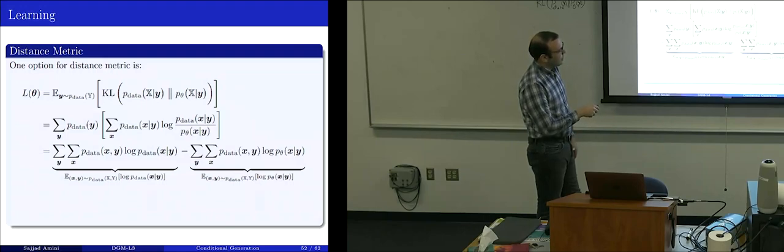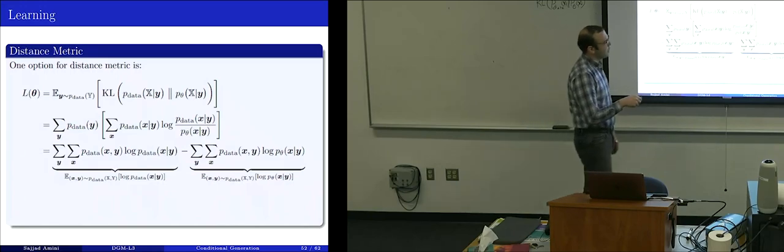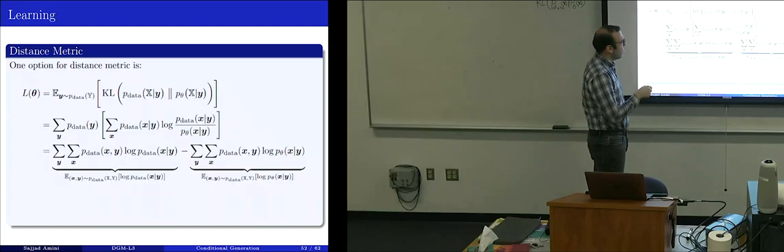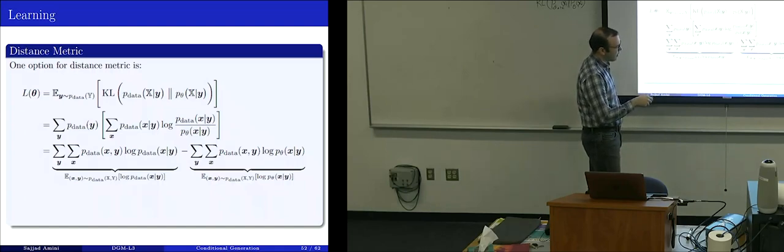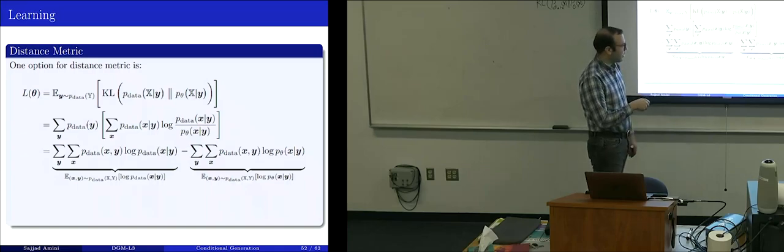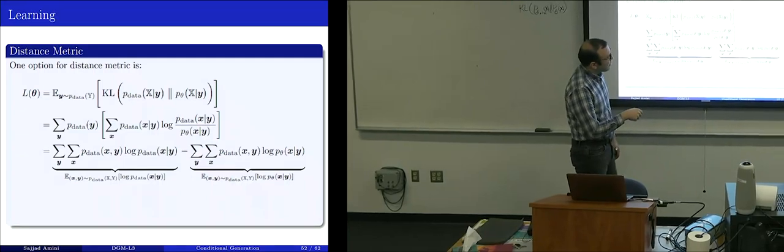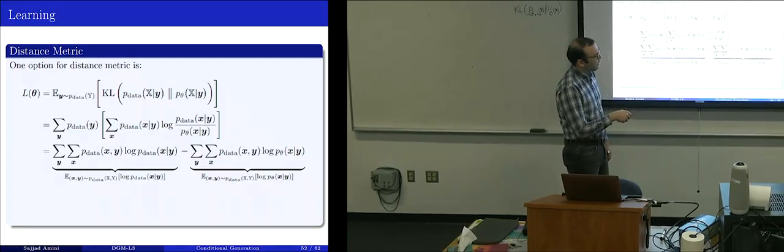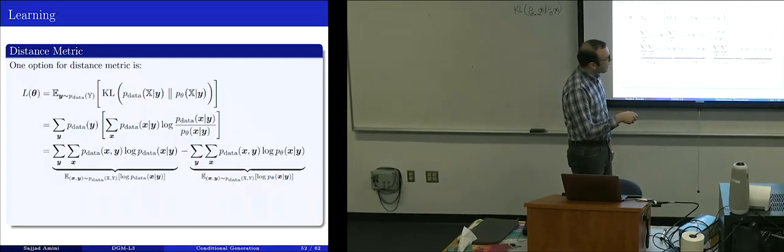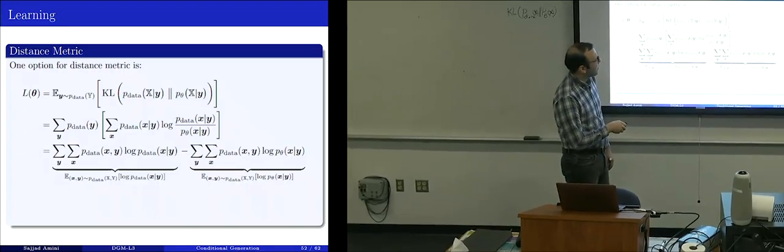You see, this is the expectation of the conditional distribution over the joint distribution, over the data coming from the joint distribution. So this is a term irrelevant of your model parameters, so you can easily omit it. But this term is dependent on your model parameters. And it is a very intuitive term.